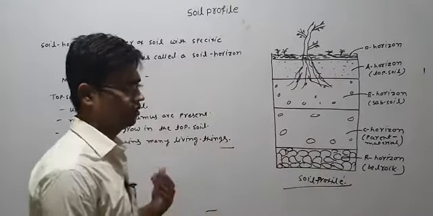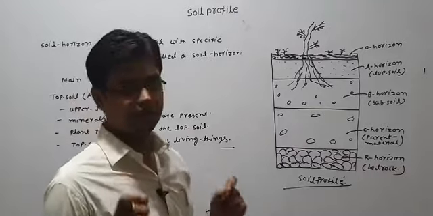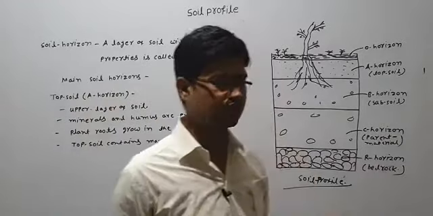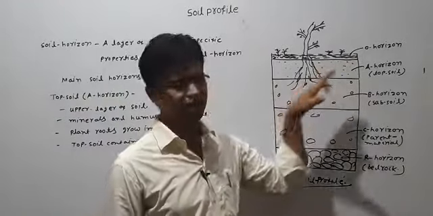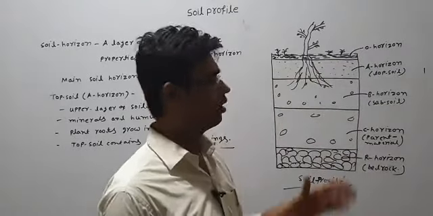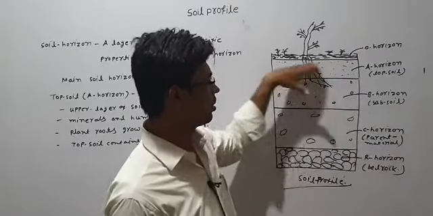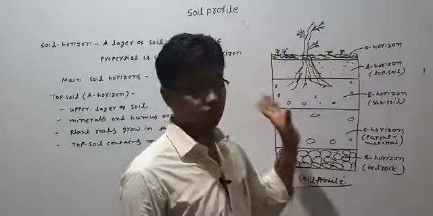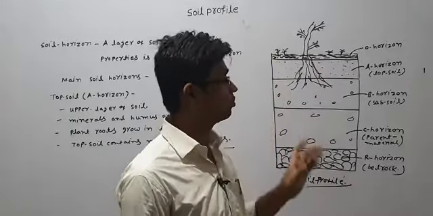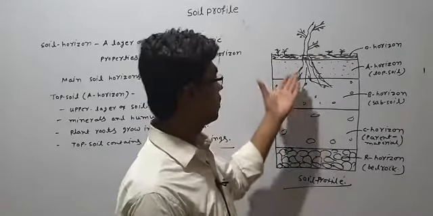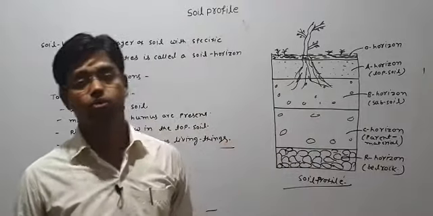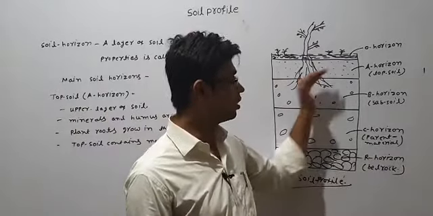Actually you know that small organisms, they just survive in this area, they get all the nutrients. Okay, they get all the nutrients and they can survive in this area. Plants also. This topsoil is the best suited soil for growing plants, so plants also grow. This is the most important part of the soil profile, topsoil.